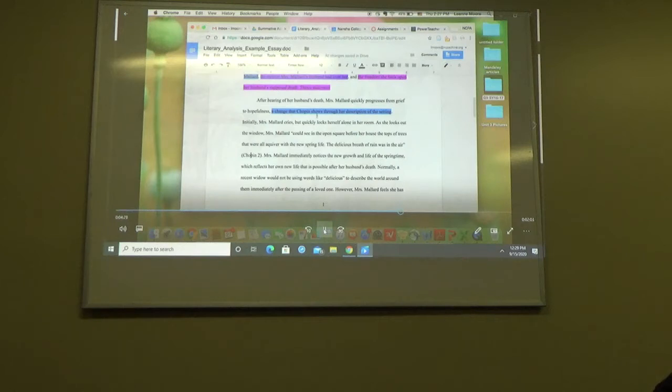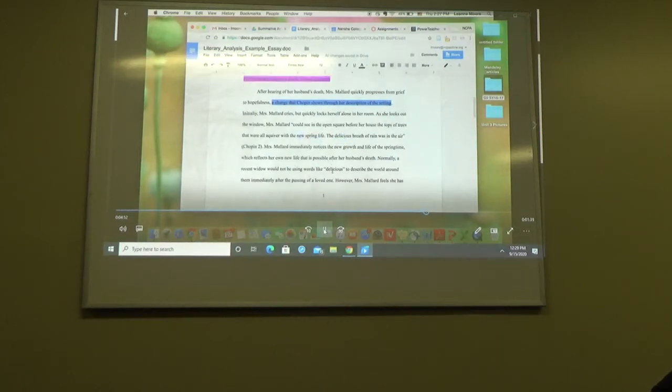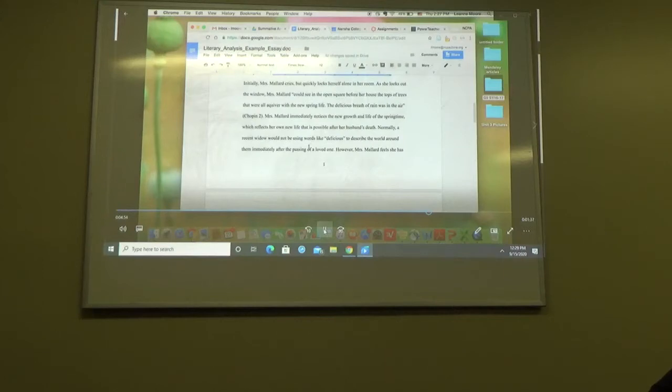After she states her first reason, this writer puts her evidence. It's something from the story that she's going to then explain how this proves this. So after her evidence, she has her reasoning. Okay? She's saying that it's very weird that she's using words like delicious and new spring life, because these things are good, and it's unexpected to say things like that after the passing of a loved one.